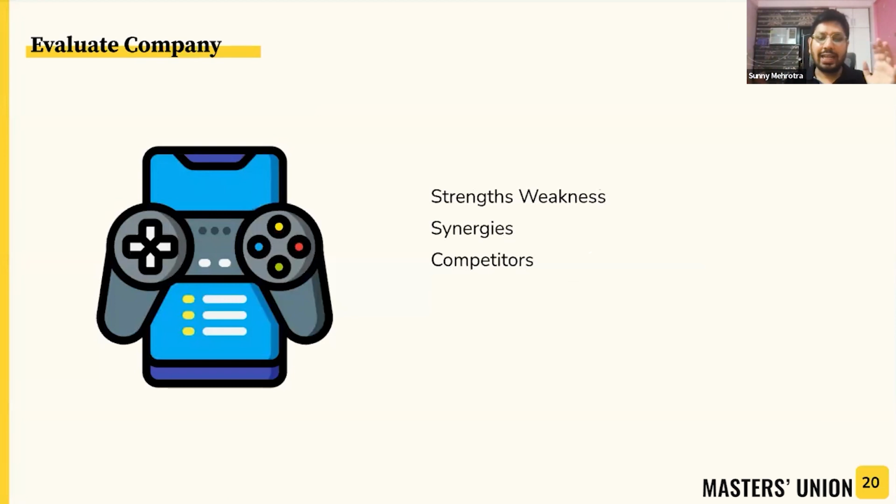But the second bucket you can think of is evaluating the company. Why is only 2+ in a position to enter the mobile gaming market? Why can't PC makers decide to get into that? There you have to evaluate the strengths of 2+, the weaknesses of 2+, and synergies and competitors.